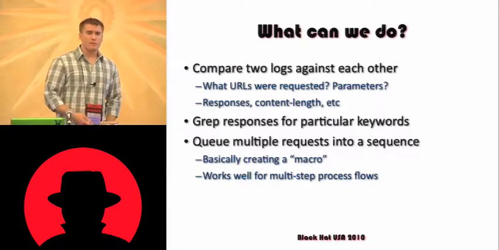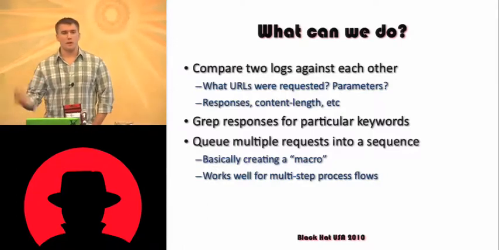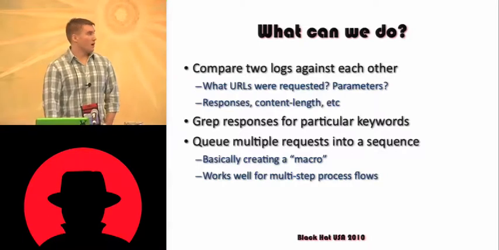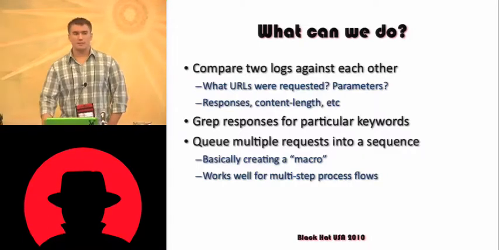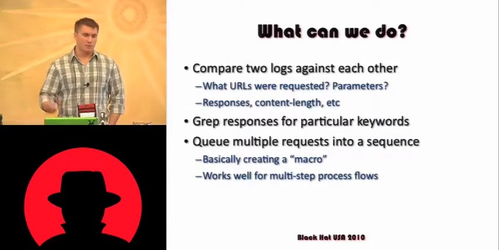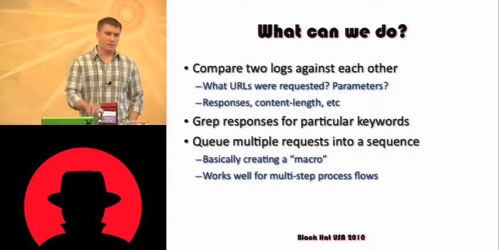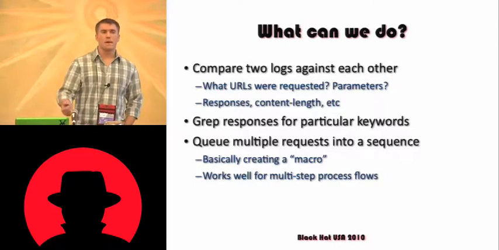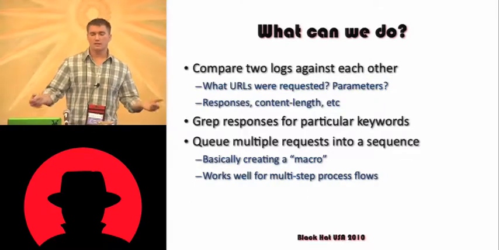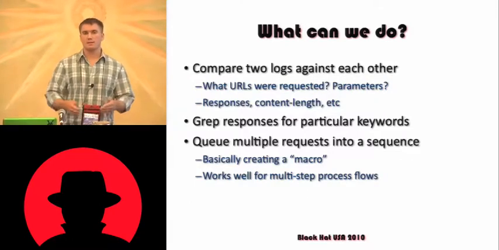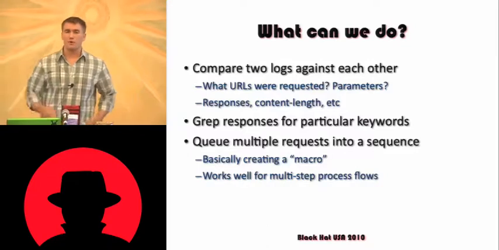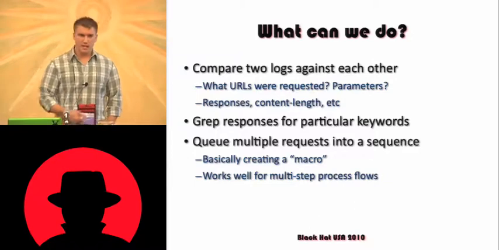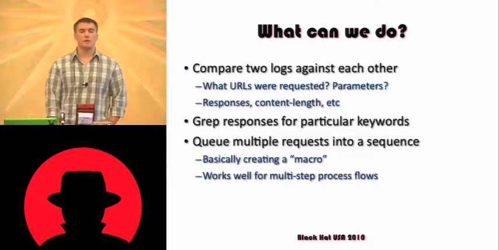Things like inspecting responses and comparing content length of responses is real simple. Another nice thing that I came across while writing this API is that I can pull individual requests out of my parsed list of requests and responses to replay. Say you have some cart checkout operation that may take 5, 6, 7 requests.